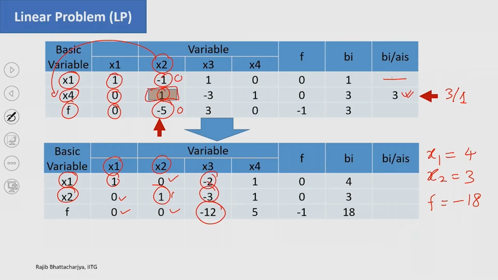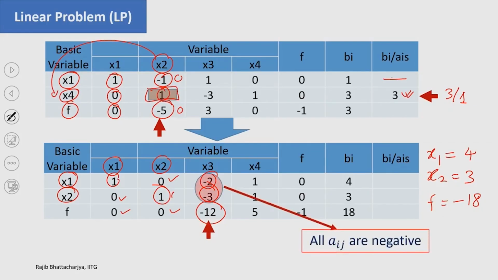So, that means if x 3 is entering, in that case what will happen is that x 1 can go up to infinity, x 2 can also go up to infinity in this case. So, this is a problem of unbounded solution. That means all the a i j are negative in this case.